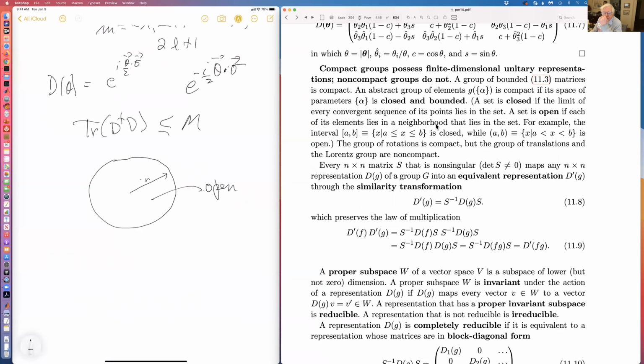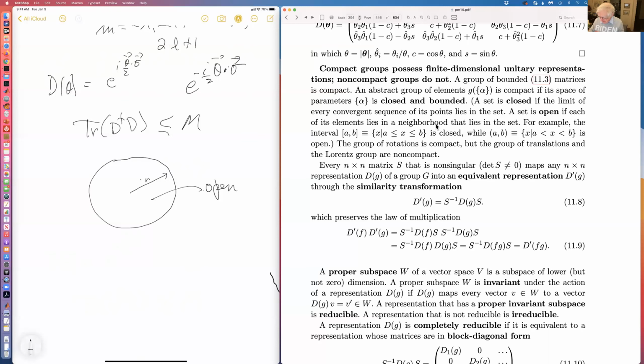More generally, a set is open. We can call this a neighborhood. A neighborhood is some sphere of arbitrary size in the space that includes the point, and that's a neighborhood of the point. And a set is open if each of the elements lies in a neighborhood that lies in the set.